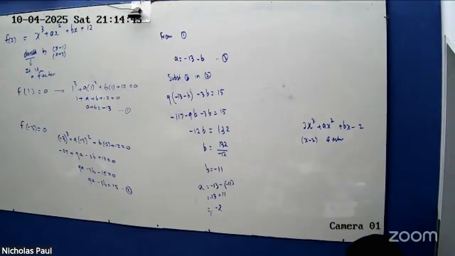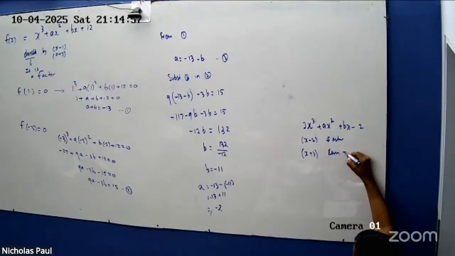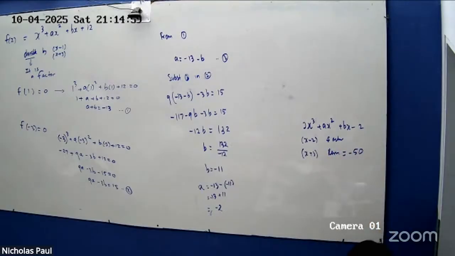Right? When divided by x plus 3, the remainder is minus 50. Find the value of A and B and the other factors.